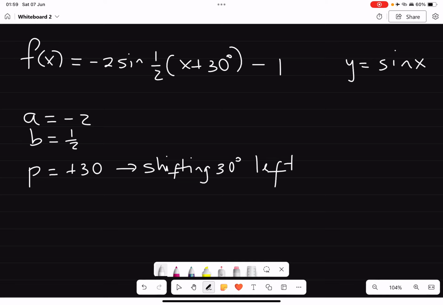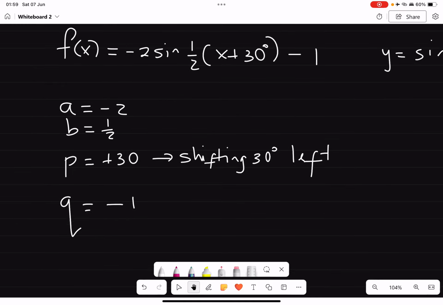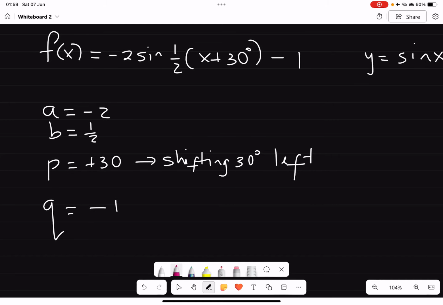Okay, my Q is minus 1. As we can see here, our Q is minus 1, which means we are going 1 unit down, right? I'll just say 1 down. And then those are the 4 important parameters, right?